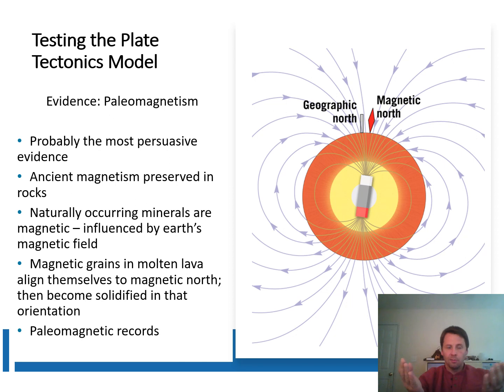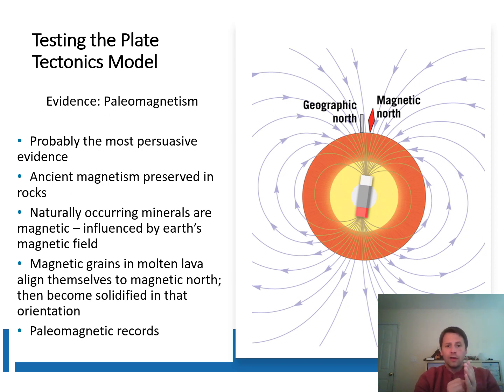Just like the needle of a compass, or if you're playing with magnets at home, and you get it close to a metal bead or something like that, it tries to orient itself. So as the rock solidifies, its orientation essentially will point to magnetic north. That's what all minerals do.